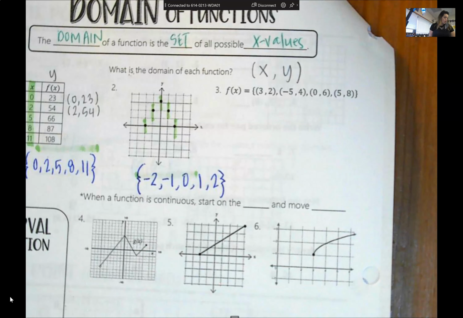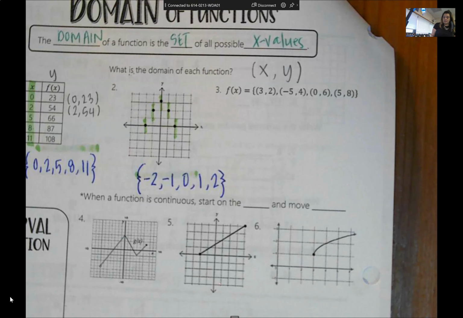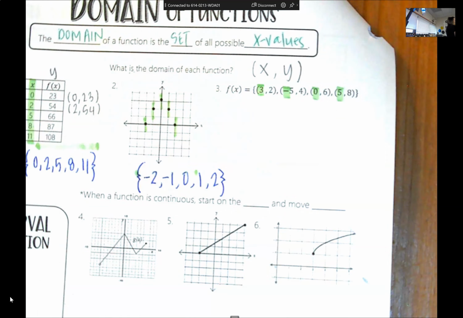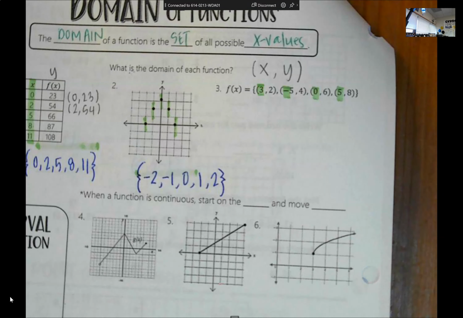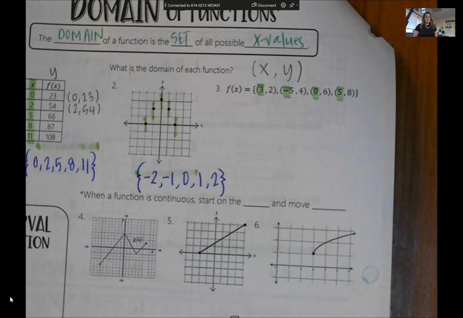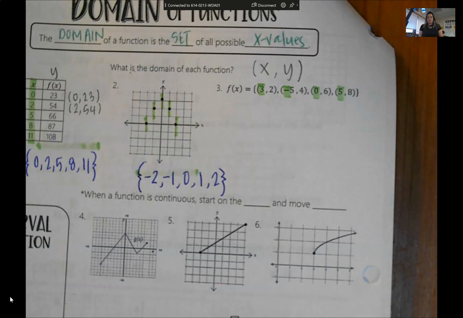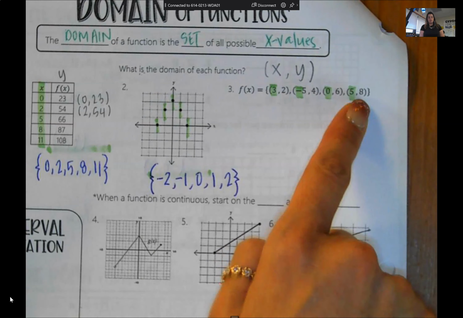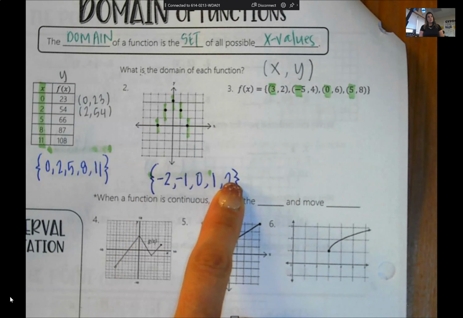So if we're in charge of writing out all the numbers that x can be, I'm just going to pull the first number in each ordered pair because I know that number is the x number. Now, when I do this, I have to be careful that I get them in least to greatest order because this is the only one so far where it's not already put the smallest number to the biggest number.